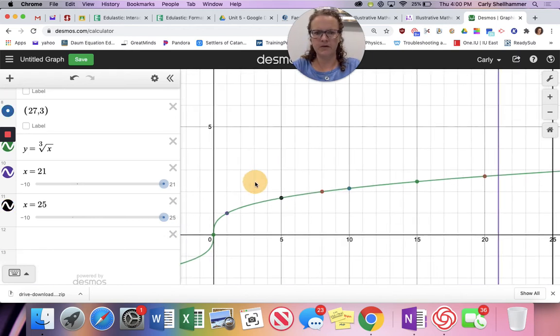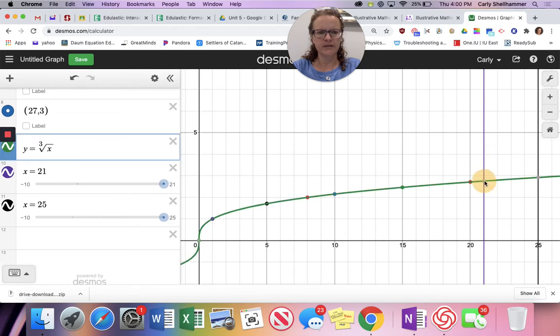Let's move this back over. So our scale factor is approximately 2.7 for the 21 cubic foot box and 2.9 for the other box. Graphically that's great, but you can also just take the cube root of 21 and the cube root of 25 and get the same answer.